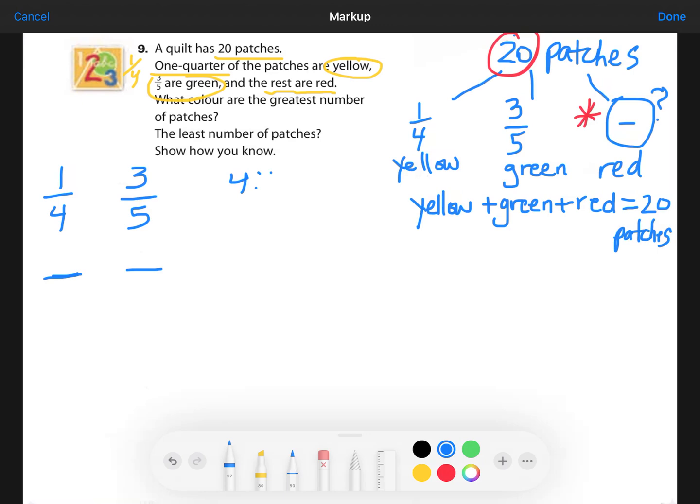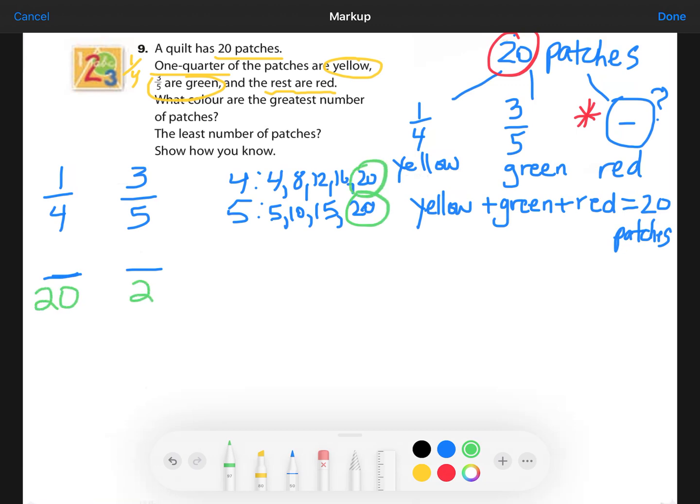So if I think of multiples of 4, I have 4, 8, 12, 16, 20. Multiples of 5, I have 5, 10, 15, 20. And they both have 20 in common.